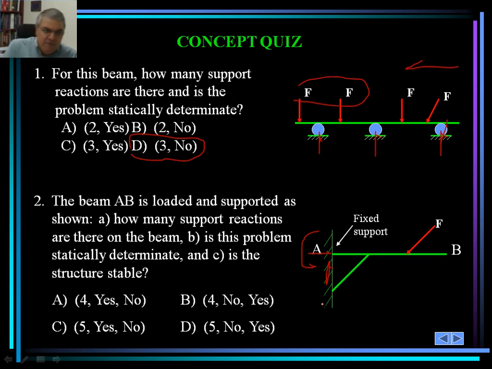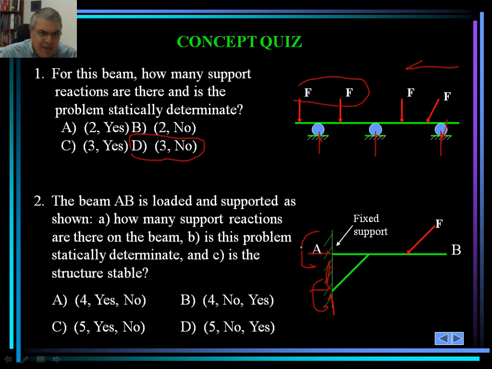First, how many support reactions are there on the beam? There's one here, and again we can look at those. There are 3 and 3, 6. However, there is no answer 6, and we are only looking for the reactions, not the moment.